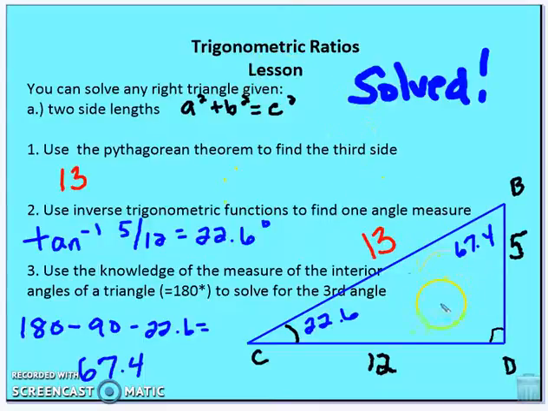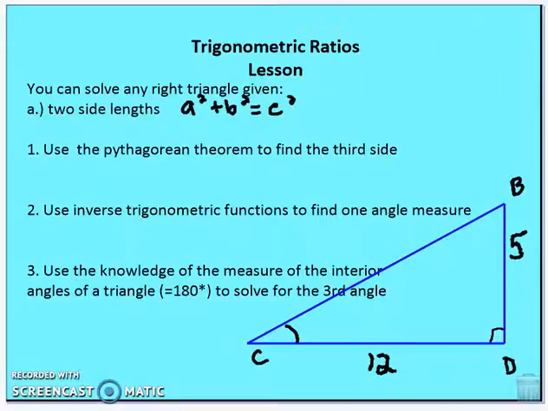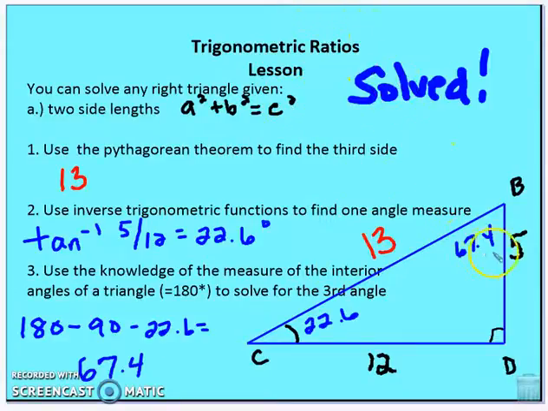All right, so we can see that we actually have a 5, 12, 13 triangle, or we can use the Pythagorean theorem to solve. And then we're going to use what we know about the relationships between the side lengths to solve for one of the angle measures.